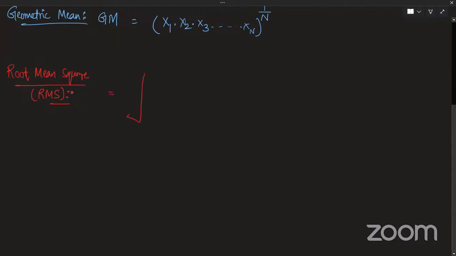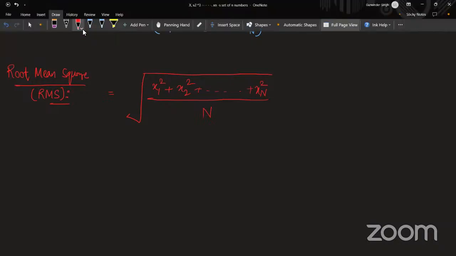It is the square root of the arithmetic mean of squares. So x1 square plus x2 square plus so on up to xn square, whole divided by n. Root mean square is basically the square root of the arithmetic mean of squares of the observations.